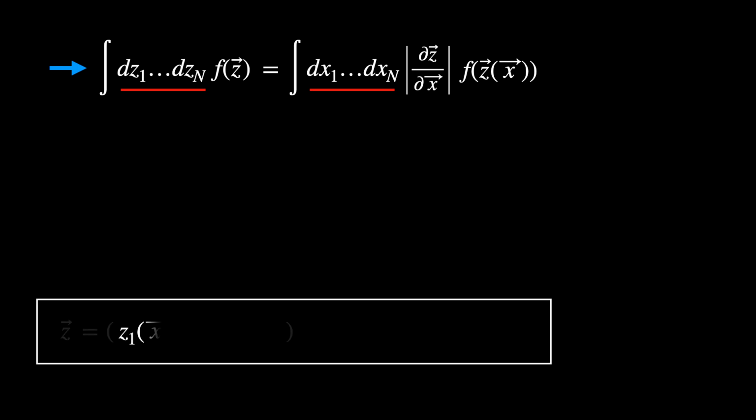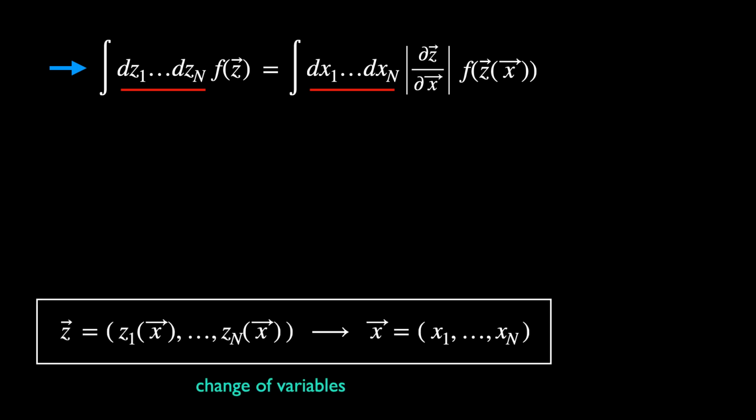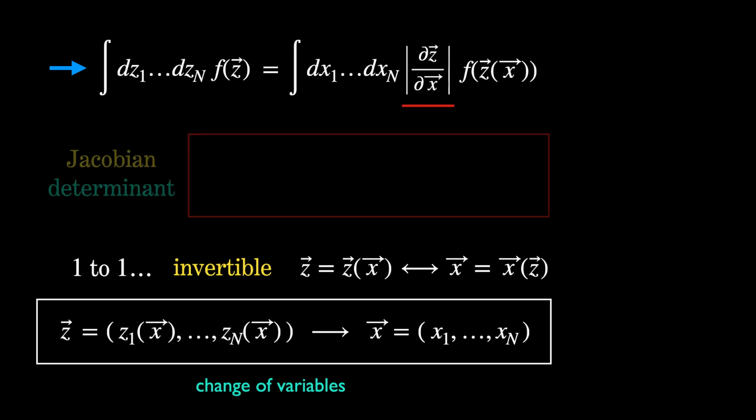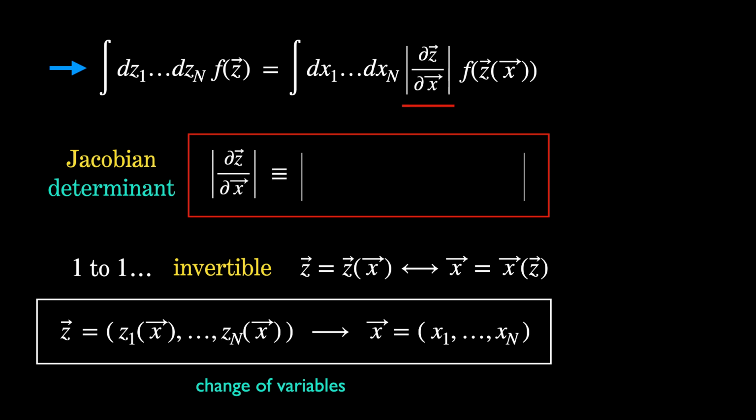Both sets of variables are related to each other by the functions below. This is a one-to-one change of variables, which is invertible. You can see this as the relation between the different coordinates assigned to the same point in 2 different coordinate systems. This term on the right is the Jacobian determinant, which is defined in the red box.